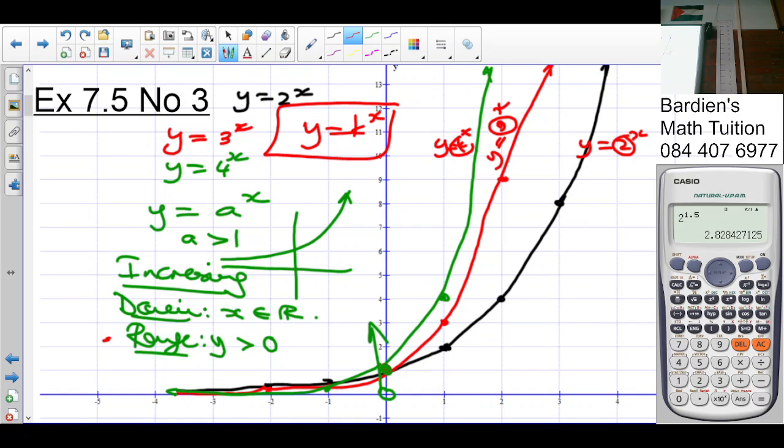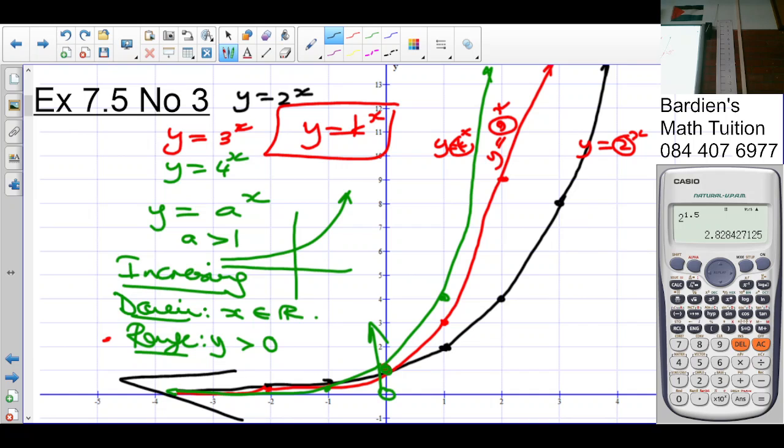Choose the correct option: all the curves drawn approach the negative or positive x or y axis asymptotically. So this is all approaching the negative x axis.